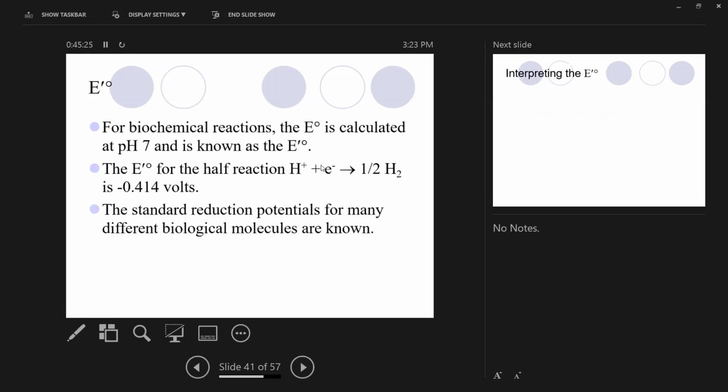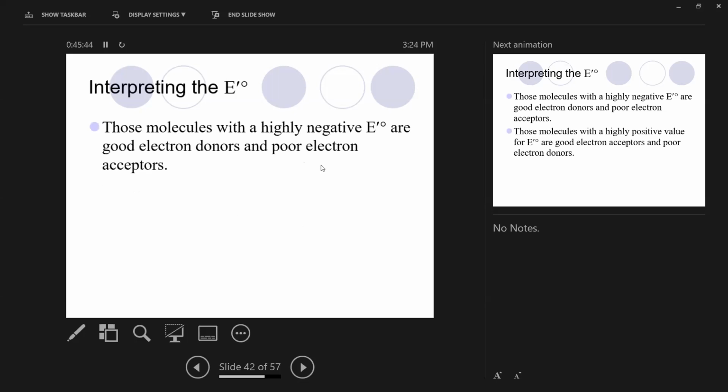And Albert A. and his crew, and then a bunch of his postdocs, went out and calculated a bunch of these. And in your book, there's a big table that has the standard biochemical reduction potentials for a bunch of biologically significant molecules. Now, let's interpret these numbers.